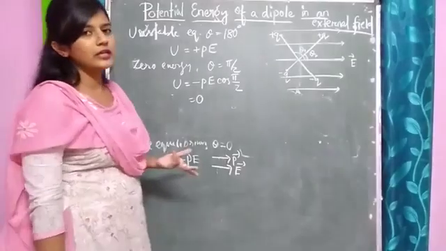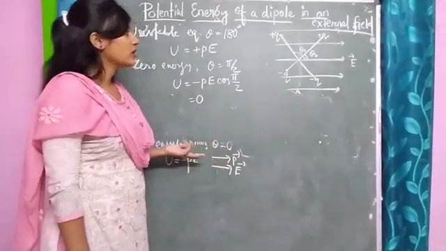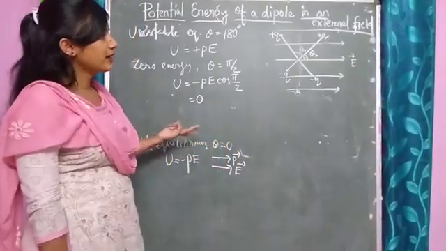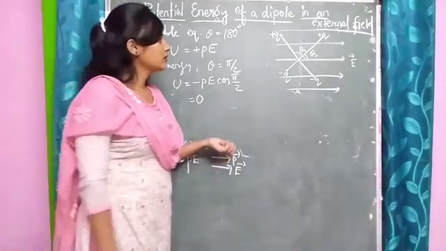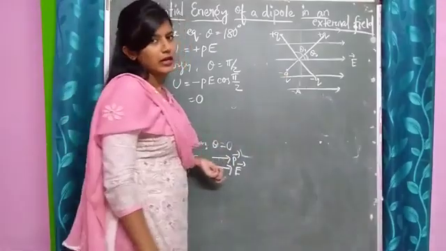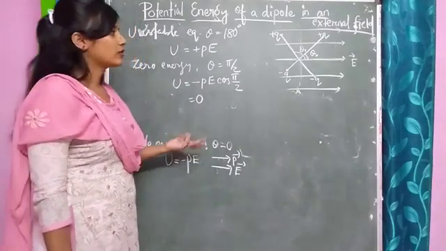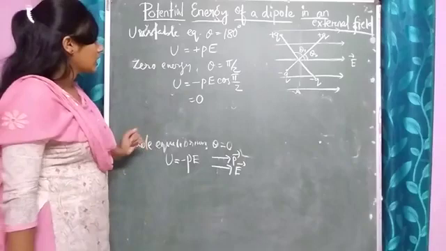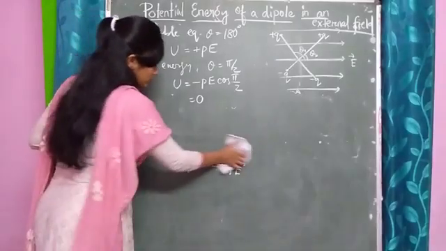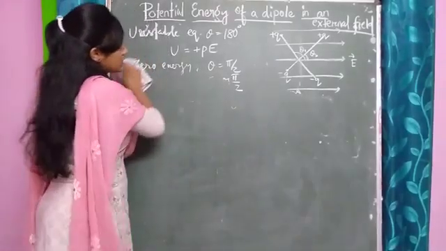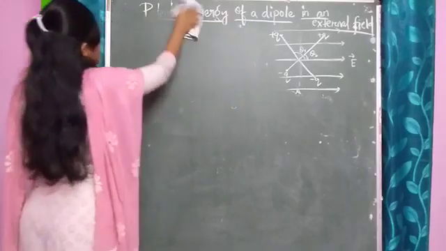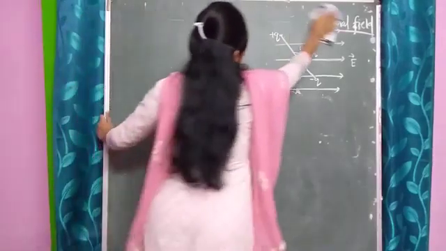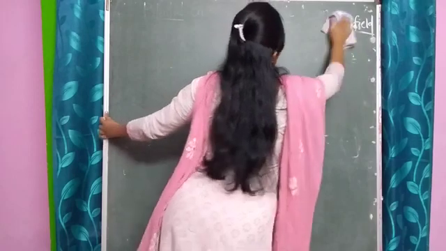You can do it in another way, or you can find the energy by using the energy expressions or using the expressions of potential. So go through this, and our next topic is electrostatics of conductors.